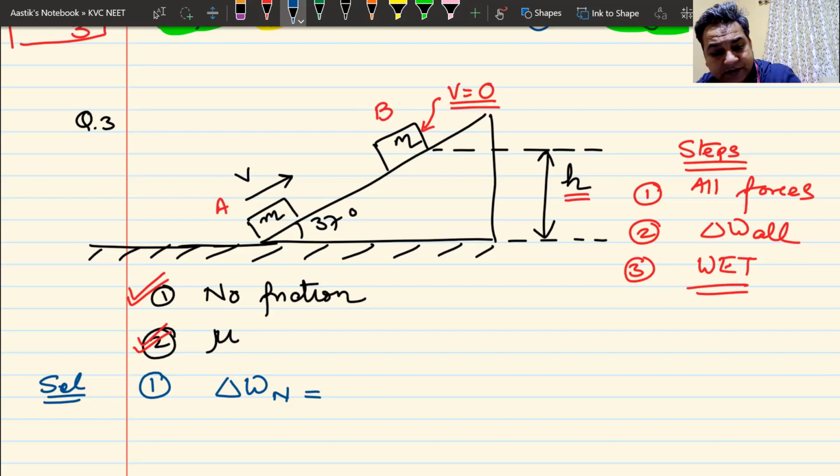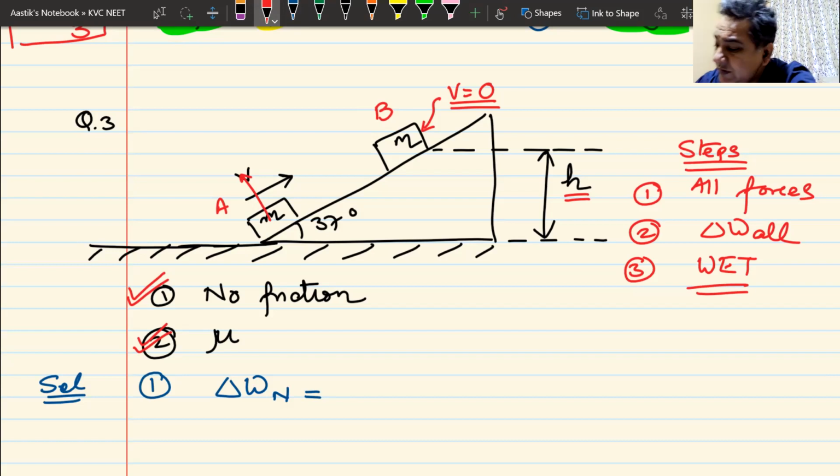What is the work done by a normal reaction in the first case? Normal reaction is always upwards, perpendicular to the plane, and this block is going to move like this.